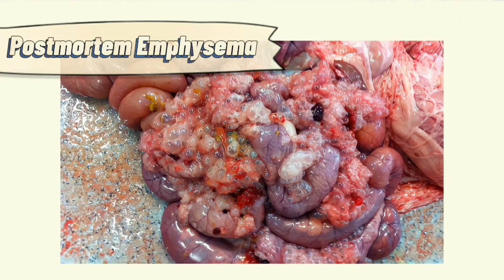It occurs due to decomposition by gas-producing organisms including saprophytes. The gas is mainly accumulated in the gastrointestinal tract, causing rupture of the organ. The rupture of organs and tissues occurs when gases produced cause progressive distension of body structures until they burst.